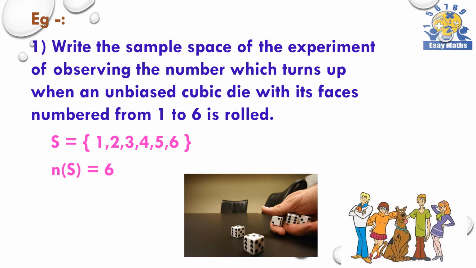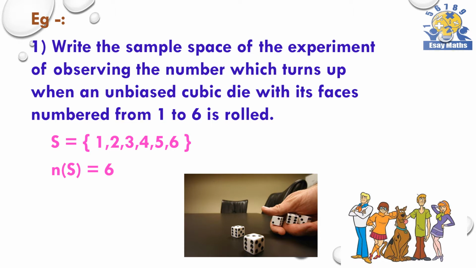How many elements are there? 1, 2, 3, 4, 5, 6. So the number of elements in the sample space is 6. Here we are not using the symbol curl E to represent the sample space.